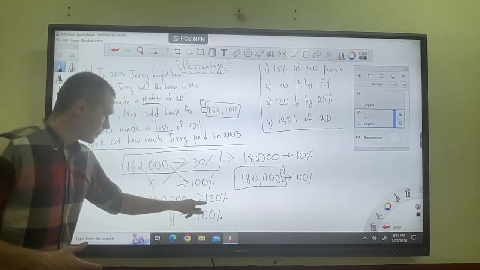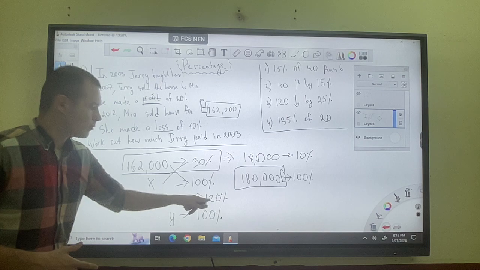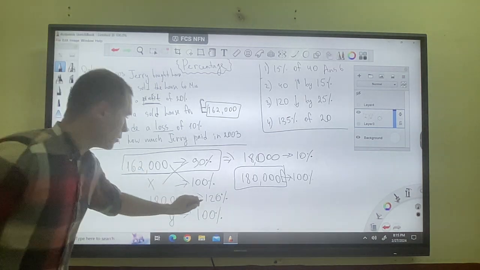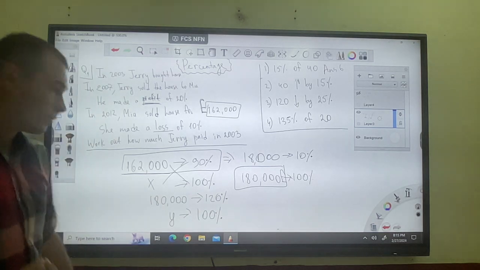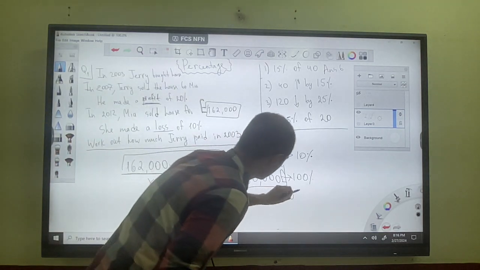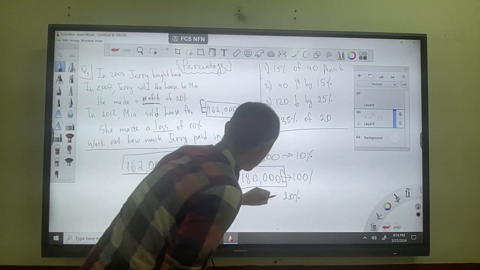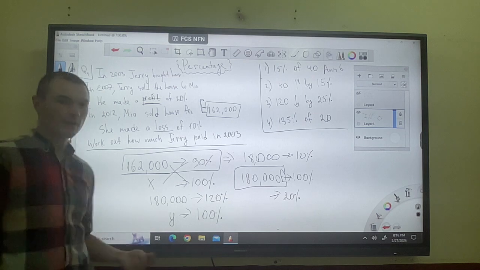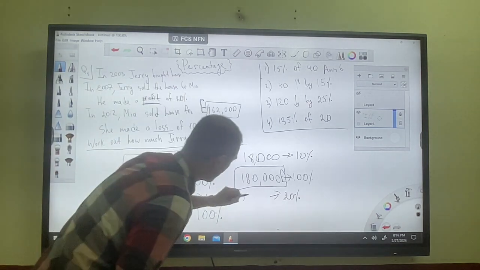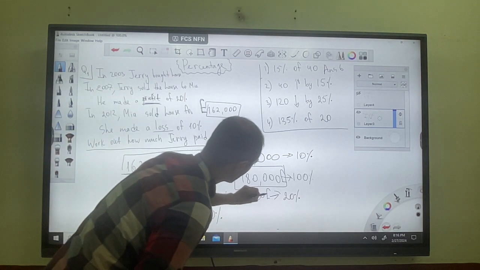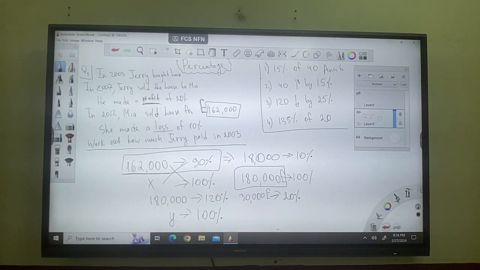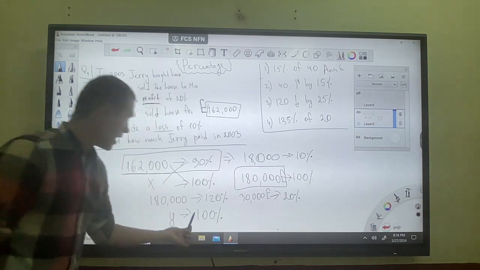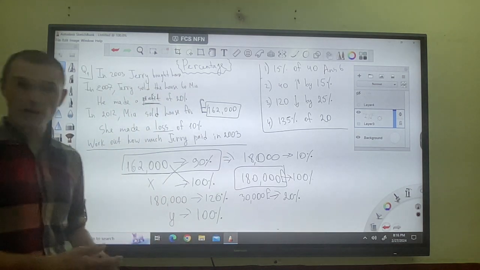So if we divide by 6, 120 divided by 6 gives us 20, so we'll find 20%. 20% is going to be what? 180,000, 18 divided by 3, which means 30,000 pounds is 20%. Since 20% is 30,000 pounds, we could easily find 100% by multiplying both sides by 5.